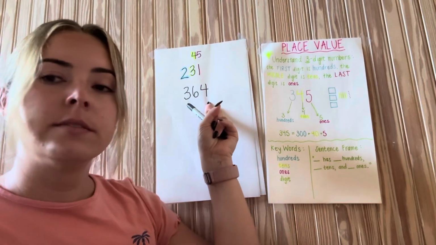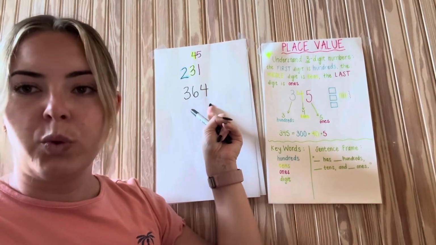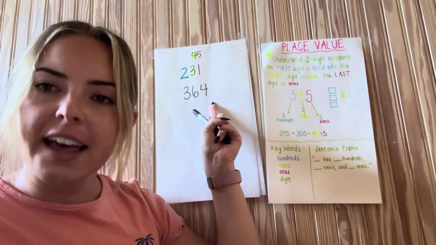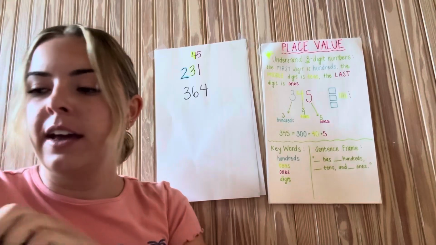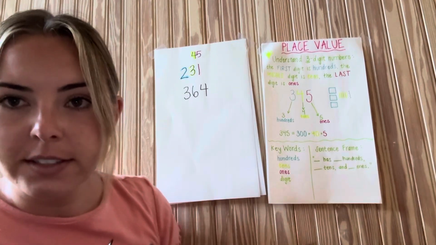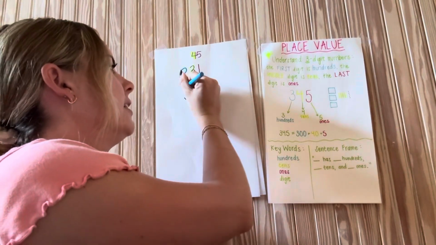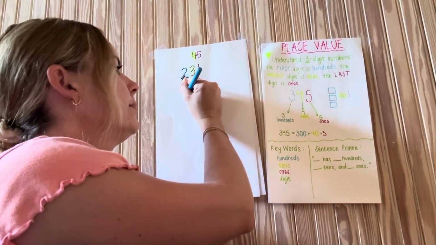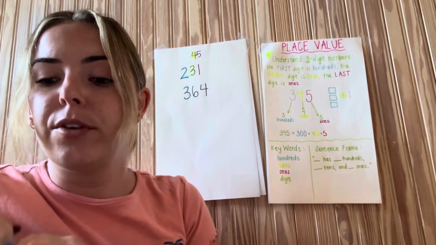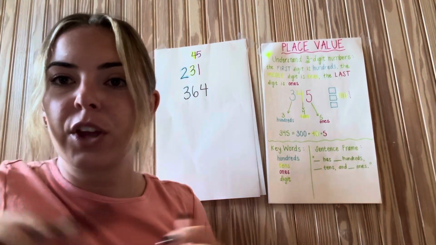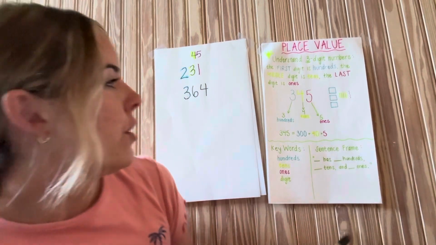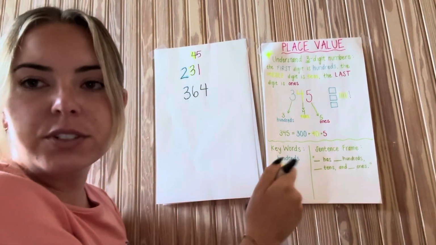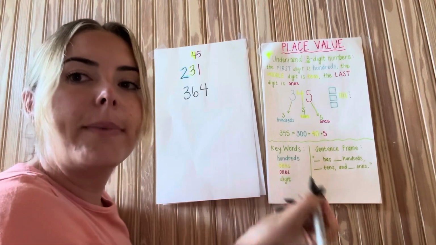Is it 4? No, it's not 4. 4 is the last digit in this number. So let's look at 3. That's our hundred. So I'm going to highlight it. If we don't have blocks, we can always draw it. For this, the hundreds are always going to be boxes.